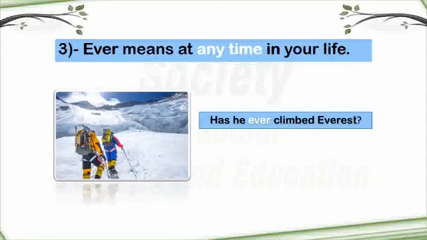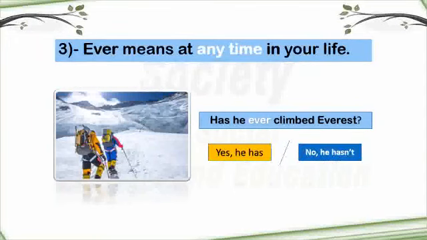Let me ask you a question. Have you ever seen a polar bear? Have you ever visited a zoo? So as you notice, I'm using ever here to ask you if you have ever at any time in your life visited the zoo or seen a polar bear. Okay? The answer could be yes, he has, or no, he hasn't, as you have seen in the previous lesson.